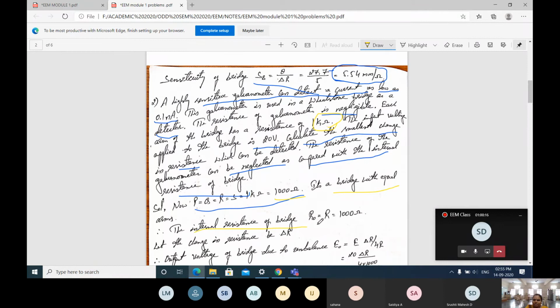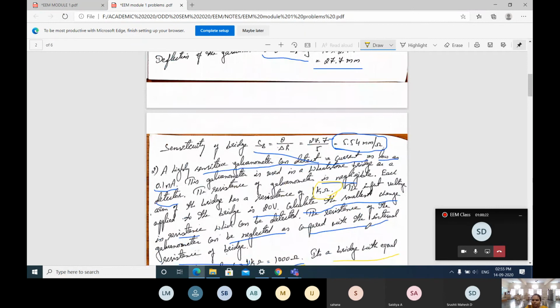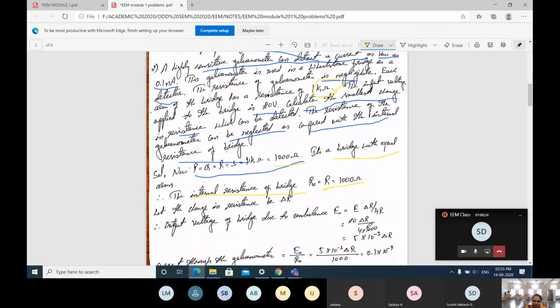All are balanced, so our R0 is going to be taken as R only. Here we calculated it, but here it is not required. All are balanced, for that reason 1000 ohm. Let the change in the resistance be delta R. The output voltage of the bridge due to the unbalance is taken as E0.